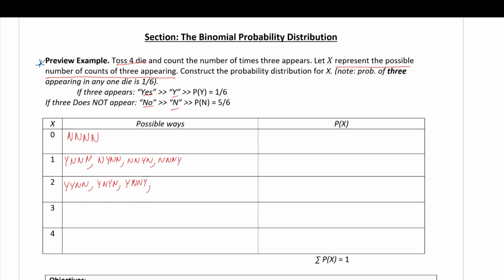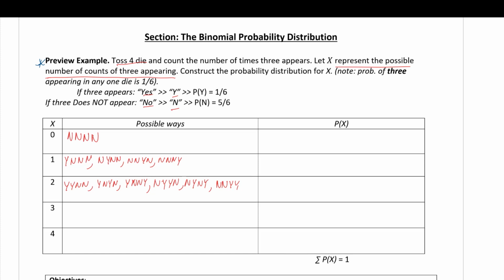And then we can also do the second and the third, the second and the fourth, and finally, the third and the fourth. So that should be all the possible ways that we can get 2 3s out of 4 dice.